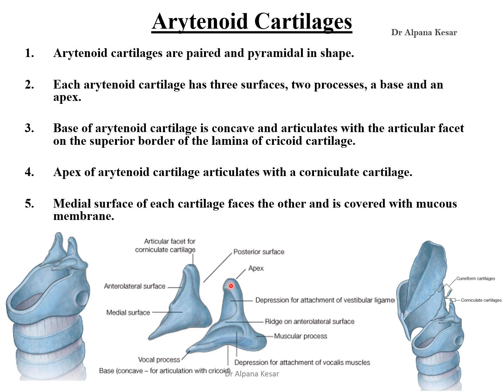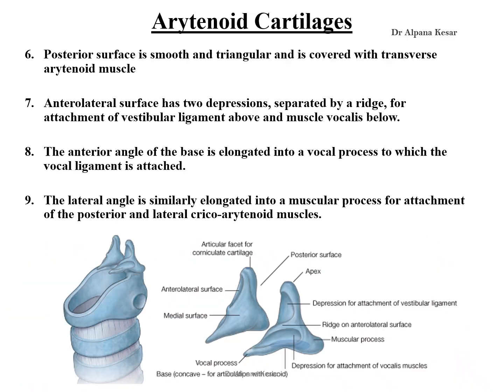The apex of the arytenoid cartilage articulates with the corniculate cartilage. The medial surface is covered with mucous membrane and the two medial surfaces face each other. The posterior surface is smooth and is covered with transverse arytenoid muscle.